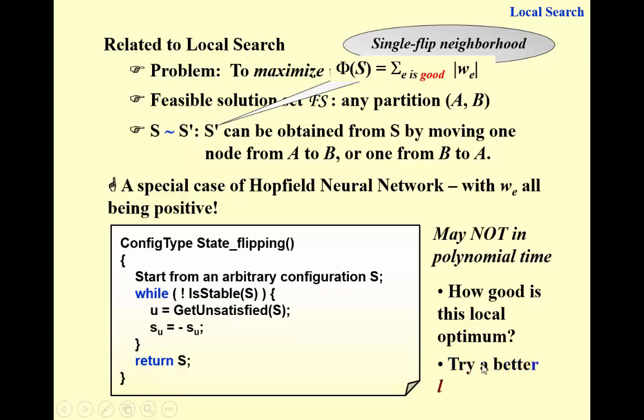The third one is, in order to get a better solution, to try a better definition of the local. It means let's try to define the neighborhood in a different way, so hopefully we can get a better result. Then we're going to talk about each direction a little bit.